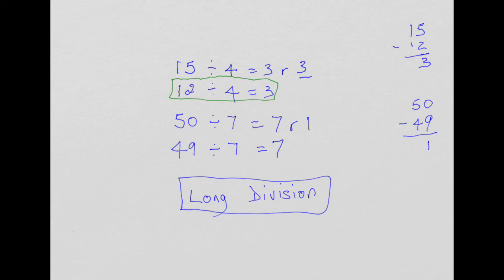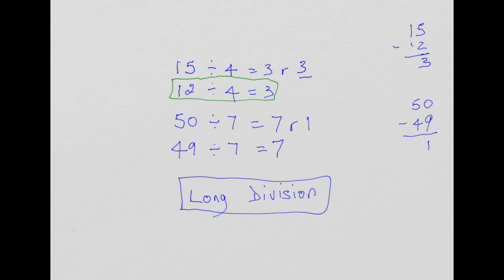Long division will help us when we have numbers that go beyond our tables. For instance, you know that 10 times 2 equals 20. 11 times 2 is beyond your tables because I haven't taught you your 11 times table, and I'm not going to.